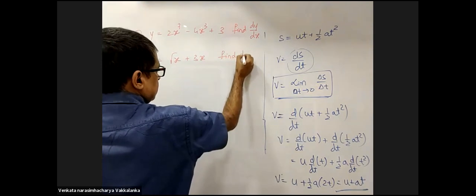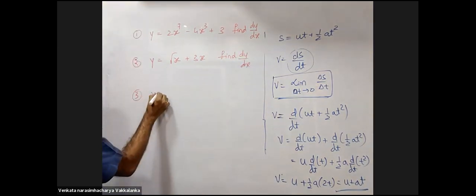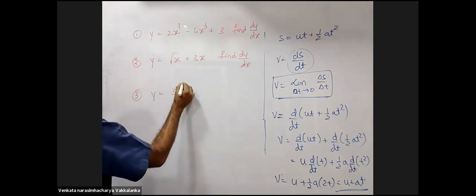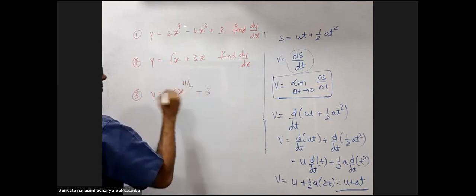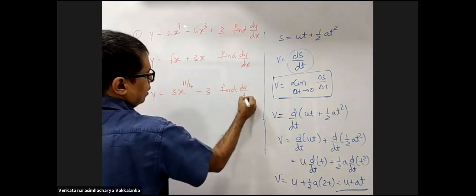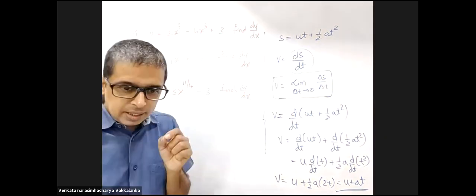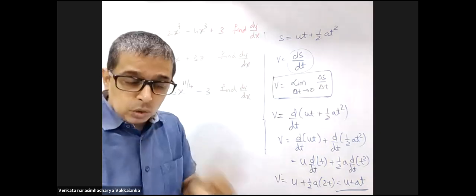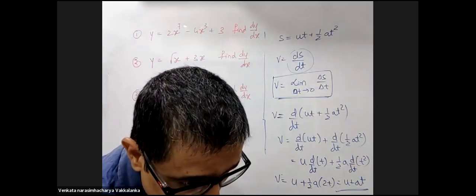Find dy by dx. y is equal to 3x to the power 11 by 4 minus 3. Find dy by dx. You have three problems. I'll keep you people on mute. Do not shout the answers. You have 5 minutes to solve this.